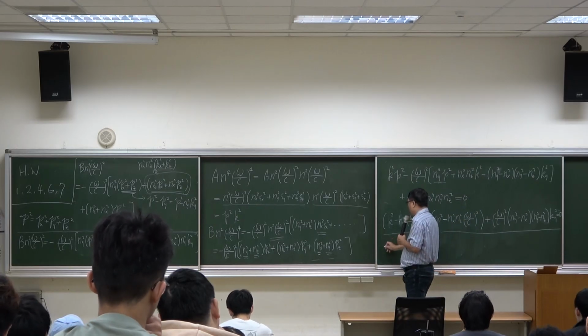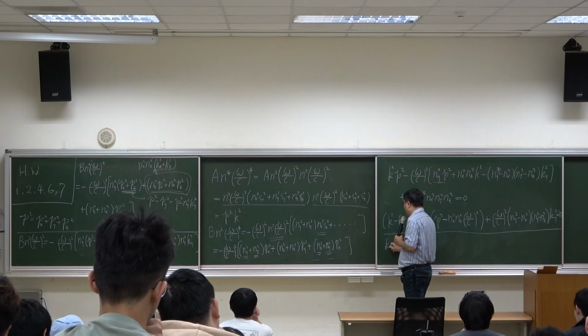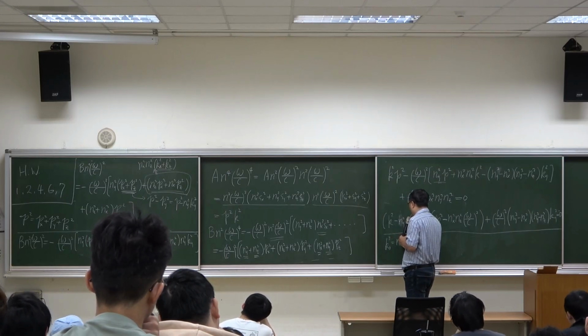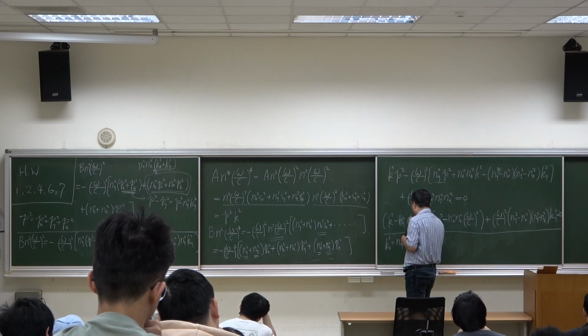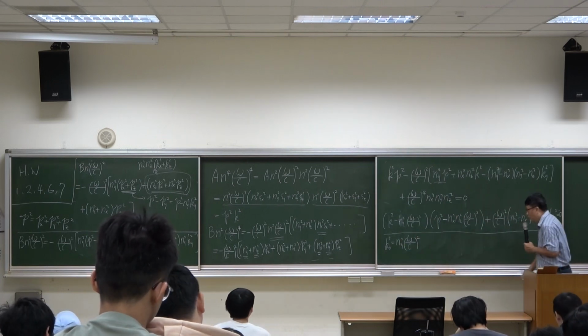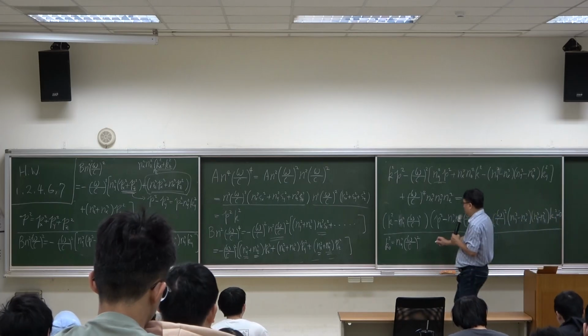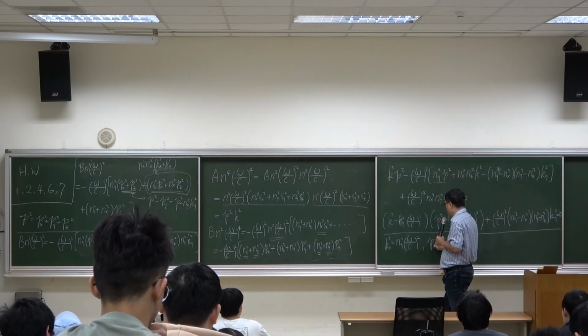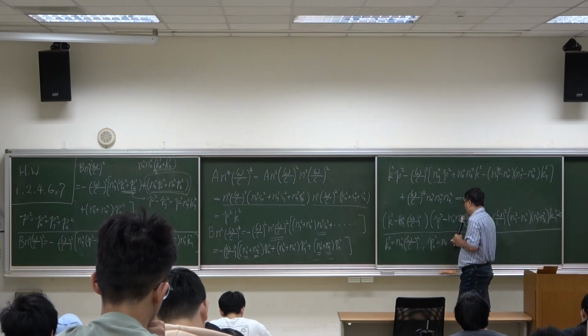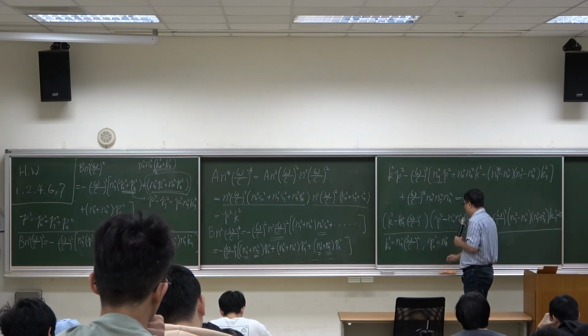Now notice that we have k0 squared equal to ny squared times omega over c squared. And what is p0 squared?